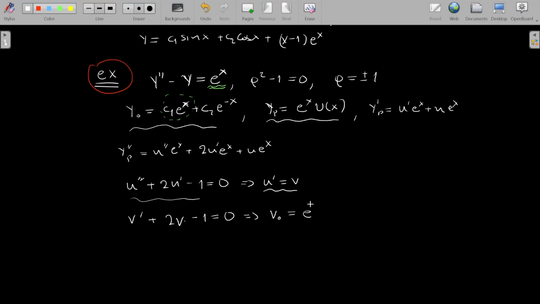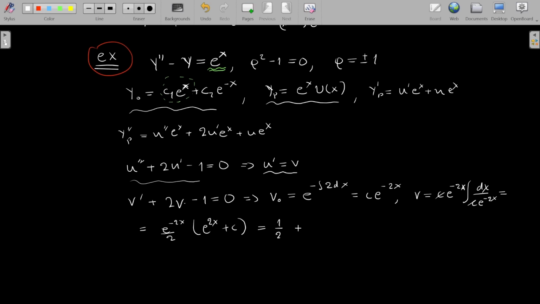So this is e to the 2x t is equal to the integral of dx over e to the minus 2x, which is going to be, this and this cancel out, e to the 2x over 2, plus a constant, or 1 half plus a constant e to the minus 2x finally.